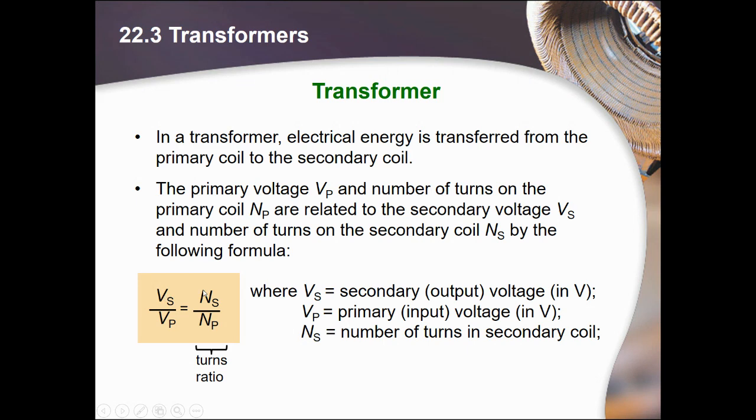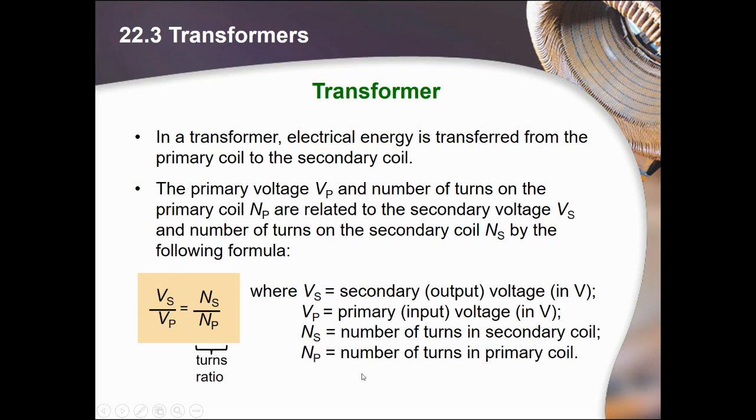The ratio of the secondary turns to the primary turns, which we call the turn ratio, is equal to the ratio of the voltage in the secondary coil over the voltage in the primary coil. I repeat again: more turns, more voltage, more EMF induced. So NS over NP equals VS over VP.